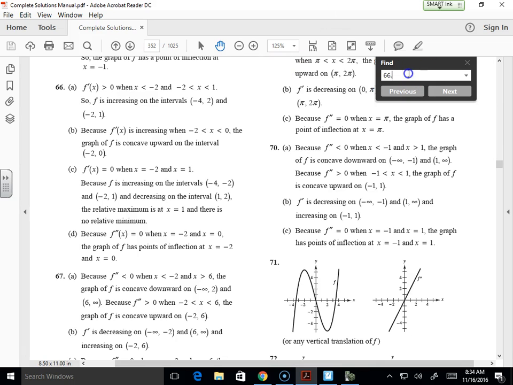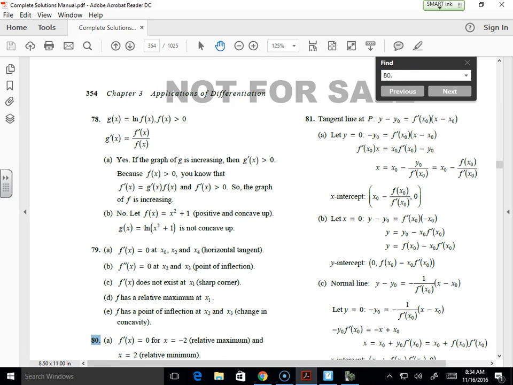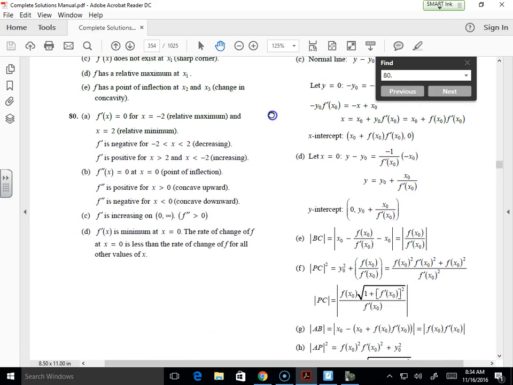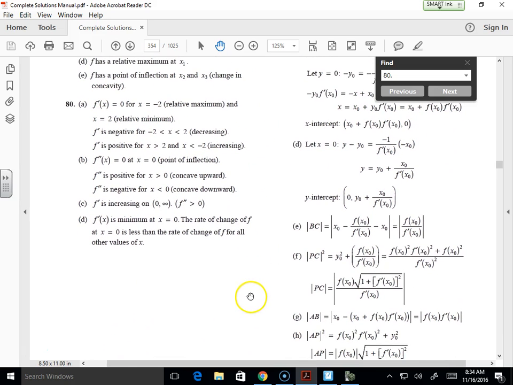Okay, any other evens? 80, right? As you guys are checking the answers, real quick, those of you that wrote it down, what are you given in this one? F prime again? F. So if you're given an F, you're literally looking at F itself.